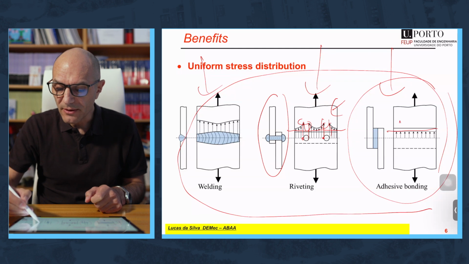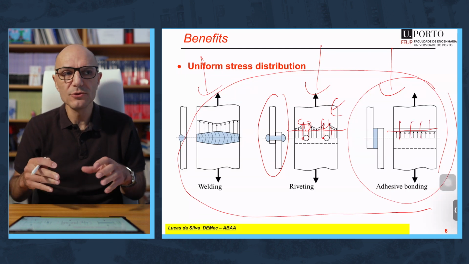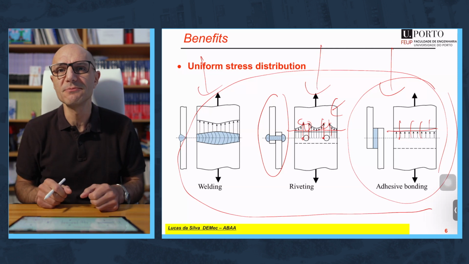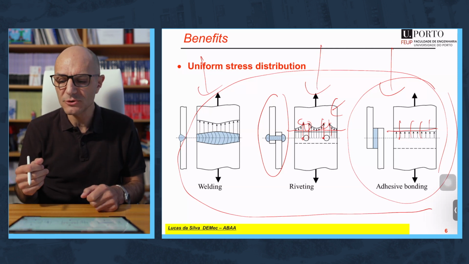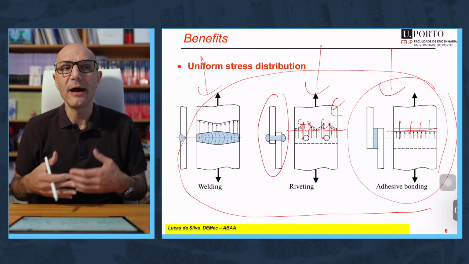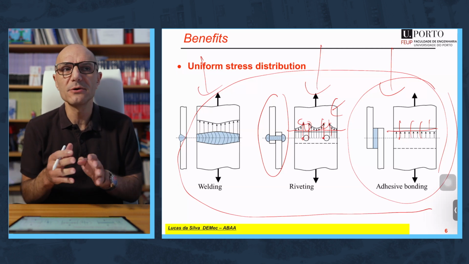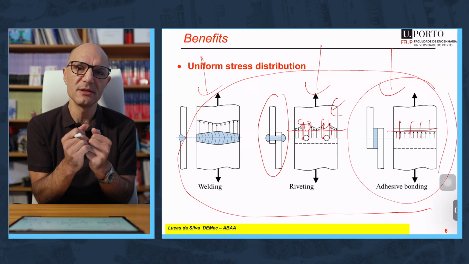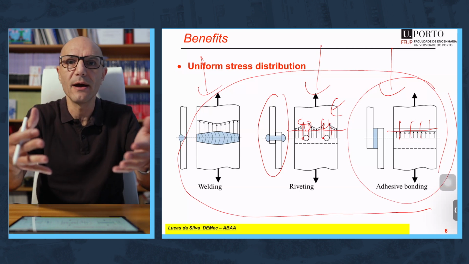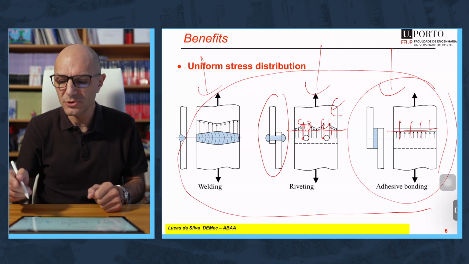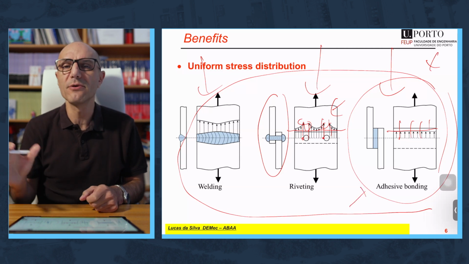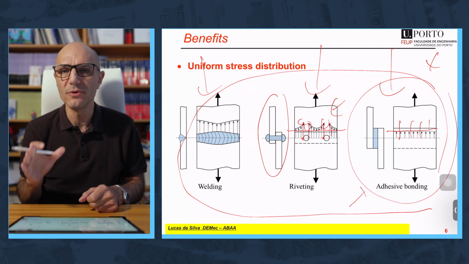So you don't have these big peaks, and you use in a more efficient way the whole area that is being bonded. And this allows you to have, at the end, a higher strength, because you use a bigger area. You compensate the low strength of the adhesive with the bigger area and a more uniform stress distribution. That's really the secret. That's one of the most important slides of all the slides that I'm going to show you in this course.